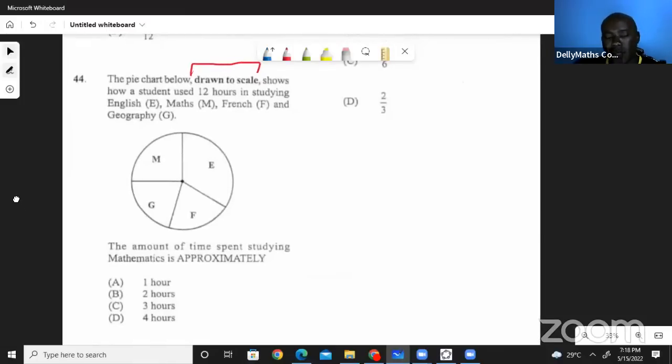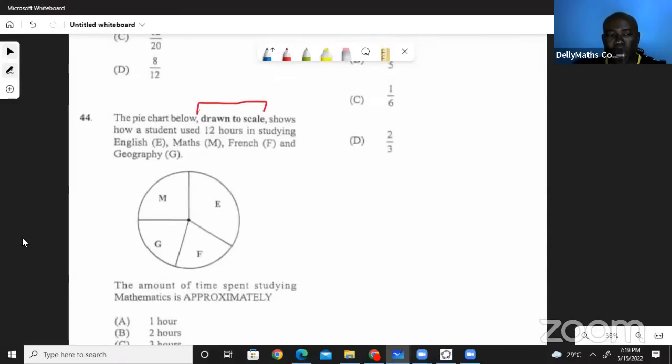The question says, the amount of time spent studying mathematics. Math is M. And there is a reason why they would have given this one, because this is representing 12 hours. And then when you look at math, you could say that it is a quarter of it, yes? Math is a quarter of it, because we could have split it up into 4 of that.